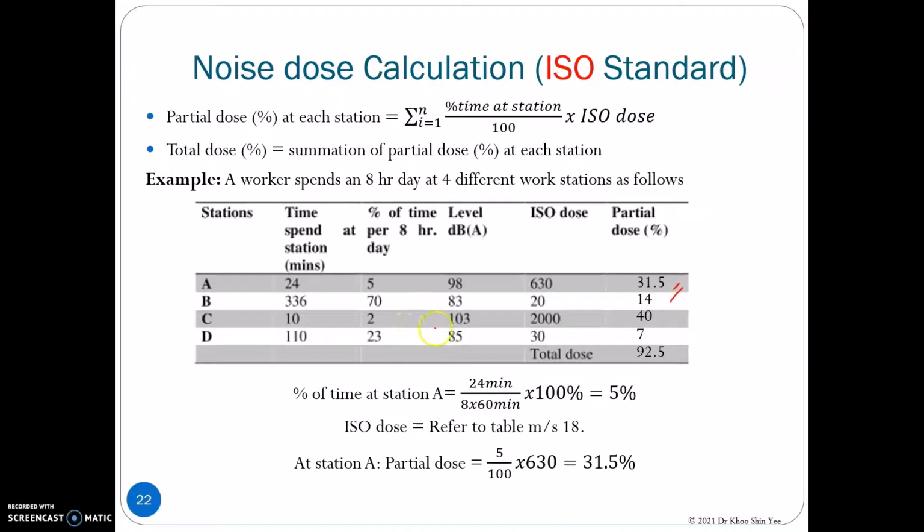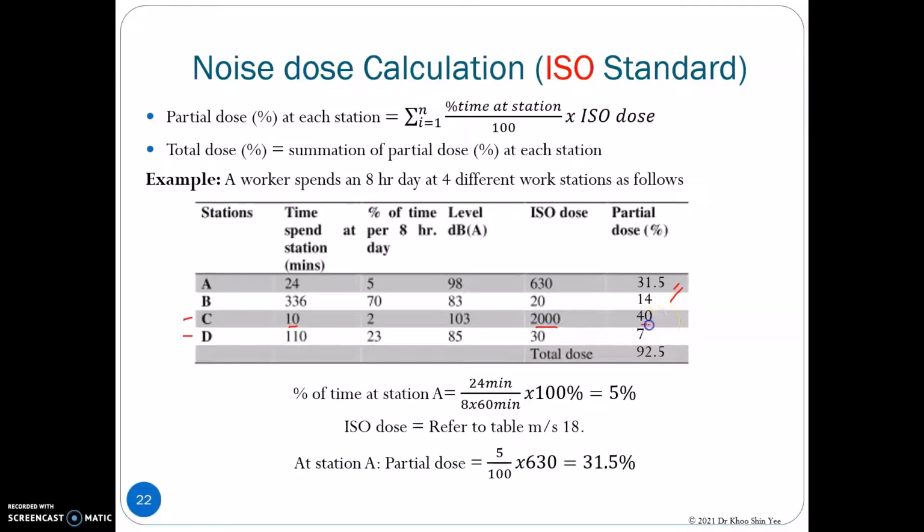By repeating the same procedure, we can find the noise dose at station C and station D. For station C, let's take the 10 minutes and we need to convert it to the same unit, which is hours. So 10 divided by 60, we obtain the unit in hours. And we divide it with 8 hours and multiply it with 2000.